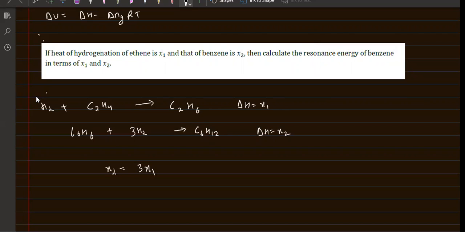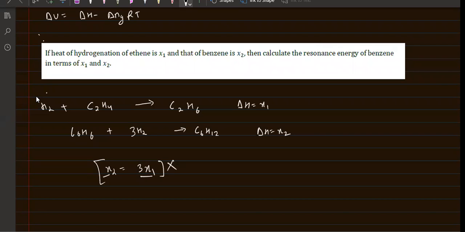Now, that's why I told you the concept of resonance energy. In the case of the second reaction, we have resonance, and because of that, the energy will not be the same, right? So this should be a theoretical energy, and this is your actual energy, right? So this is wrong. We cannot say this.